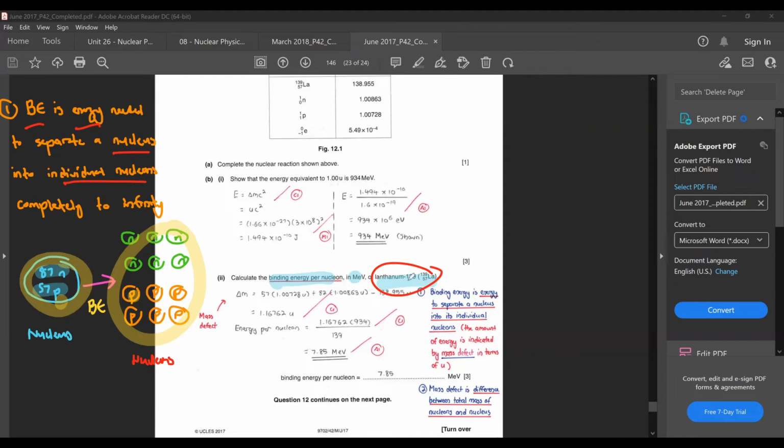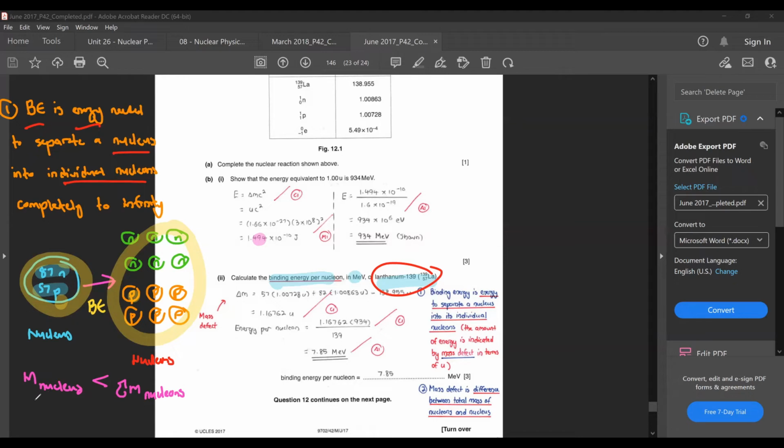So just now I mentioned to you that the masses between the nucleus and the nucleons are not the same, where I mentioned to you this one, right? Say the mass of your nucleons, when compared to the mass of your nucleus, the mass of your nucleus is actually less than the total mass of your nucleons.